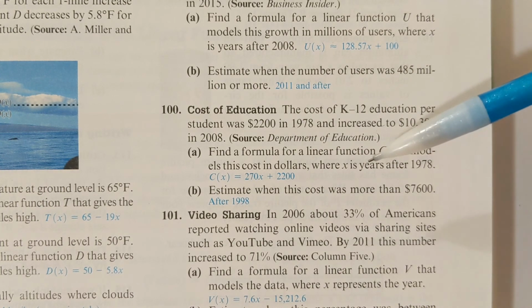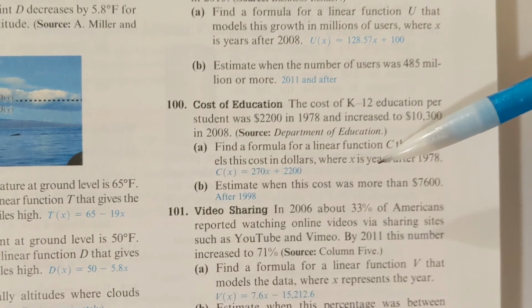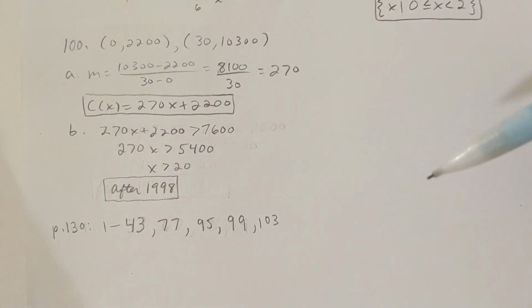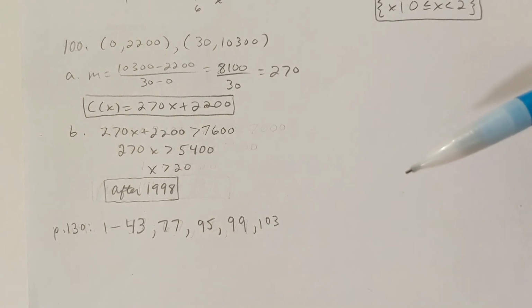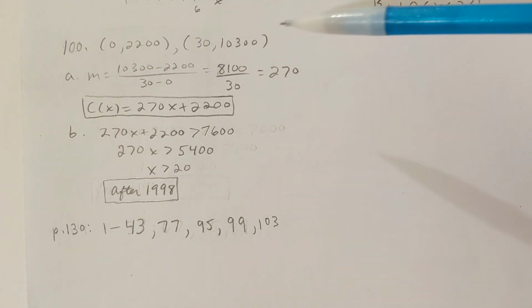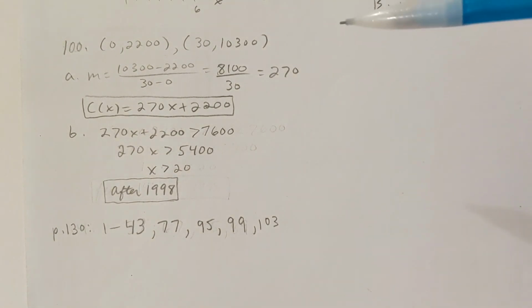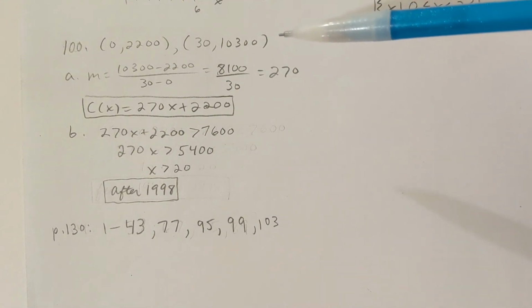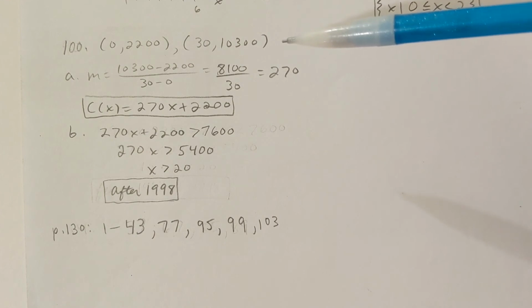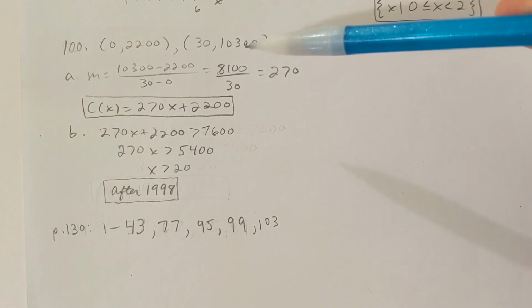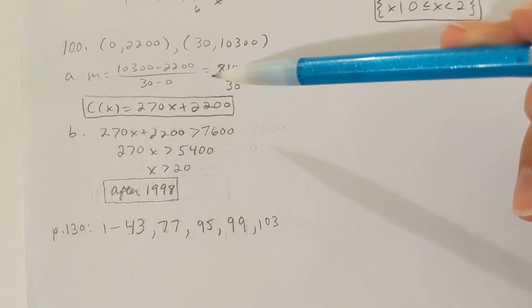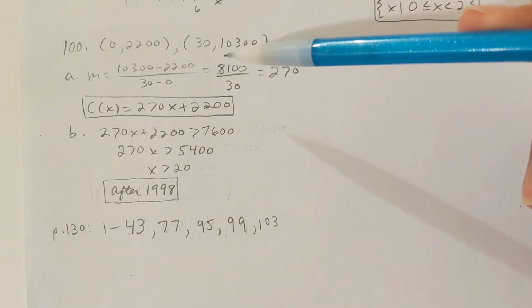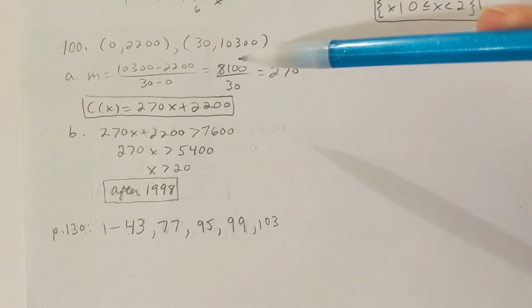Okay, so the years after 1978. I basically use the 2 points that are given to me here, (0, 2,200) and (30, 10,300). The change in the y values divided by the change in the x values would be what?